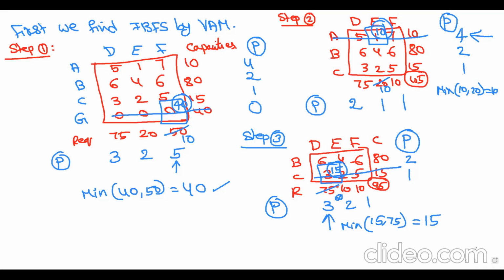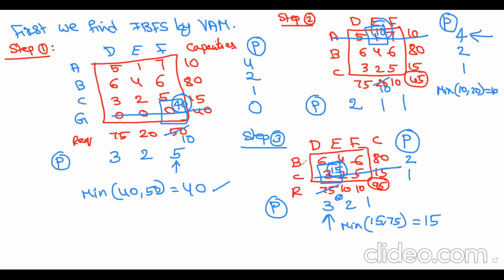And now step 4, the new reduced table. D, E, F and only B we have.